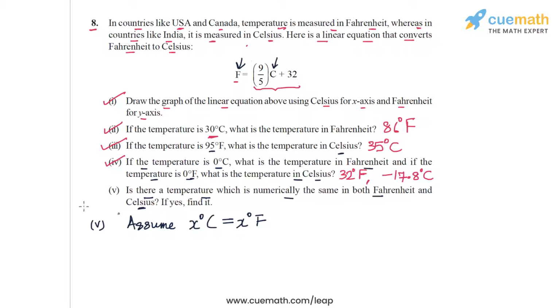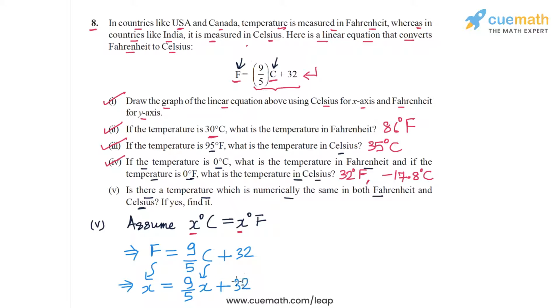So this means that we can substitute in the FC equation the value of C as x and the value of F also as x. The equation that we have is F is equal to 9 by 5 C plus 32. So instead of F, we will substitute x, and instead of C also, we will substitute x. So we get x equal to 9 by 5x plus 32.